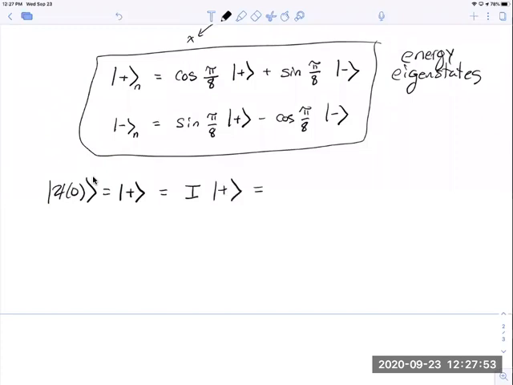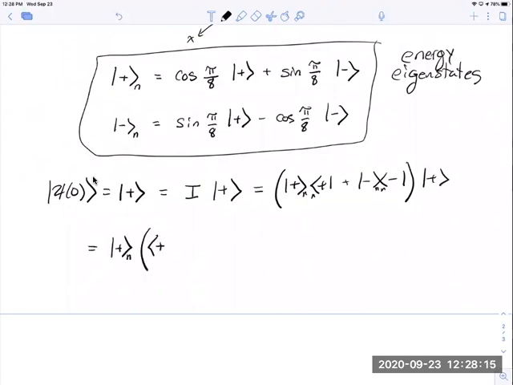And remember that the identity matrix was those projection operators, plus in the n hat direction, plus minus in the n hat direction, times still this plus direction. So this becomes spin up in the n hat direction times the inner product of spin up in the n hat direction with spin up in the z direction, plus the part that is spin down in the n hat direction, times the inner product of spin down in the n hat direction with the plus.